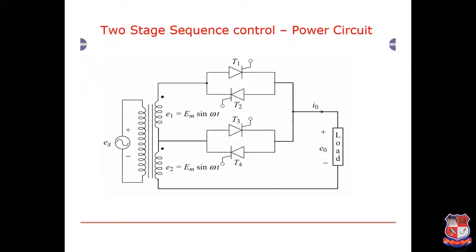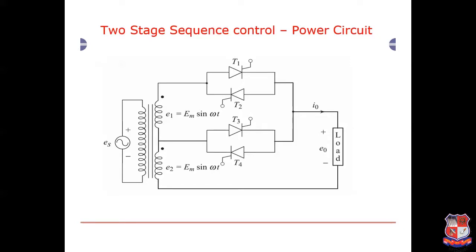This slide shows the circuit of two-stage sequential control in which the AC voltage source is connected to the primary of a transformer and the secondary of the transformer is connected to the load through two pairs of anti-parallel connected thyristors, in which we have two different stages of output voltage, E2 and E1.